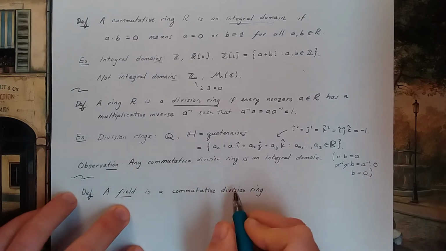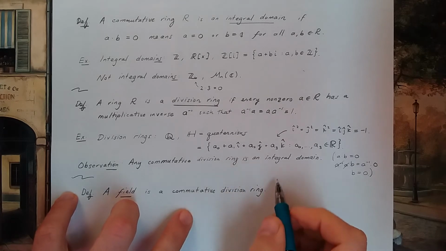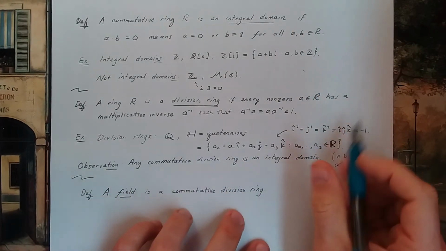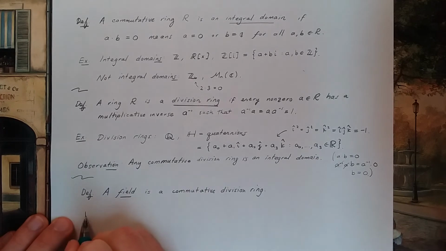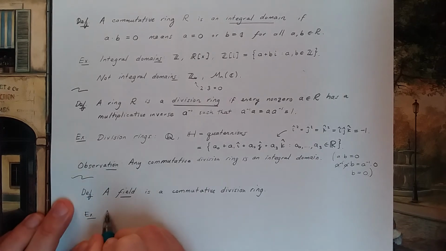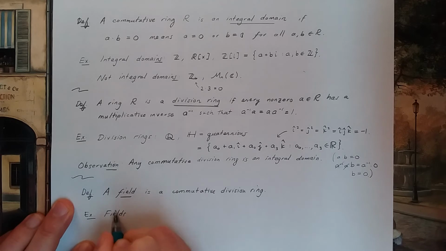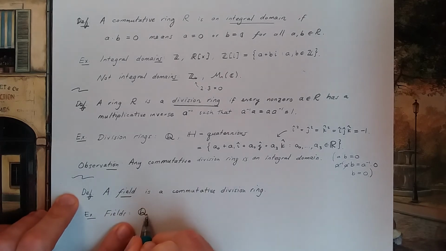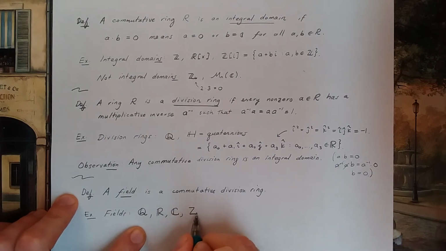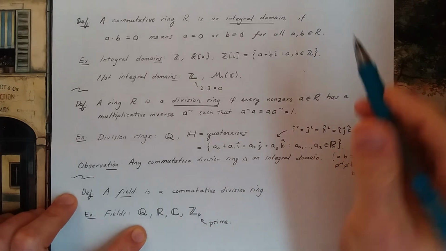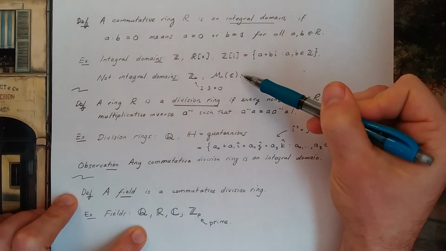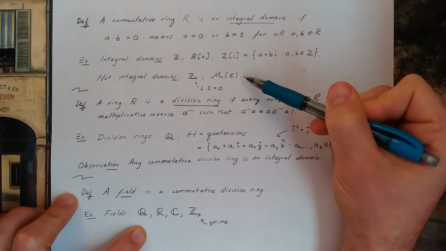So a field is a commutative division ring, therefore also an integral domain. So examples of fields are the rationals, the reals, the complex. You could even do Z mod p, but p has to be prime. If p is not prime, then you may not have an integral domain, as we saw in this previous example.